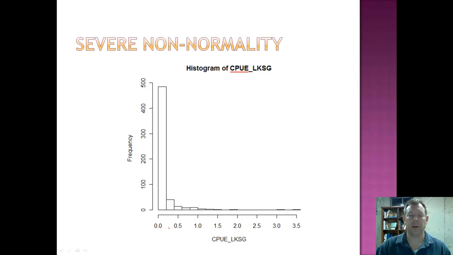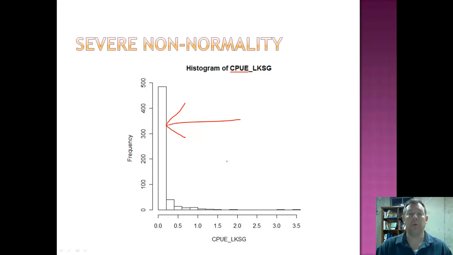So here are all the different CPUEs we got in our sampling. 1 fish per hour, 2 fish per hour, 3 fish per hour, and you can see how many of our samples caught that many lake sturgeon. And what you probably notice is this bar right here, which clearly is the mode, and that's 0 fish per hour.